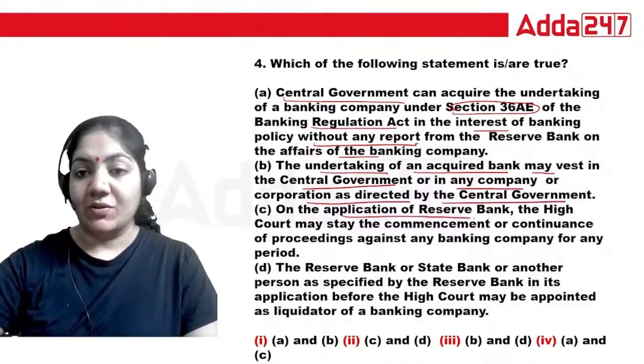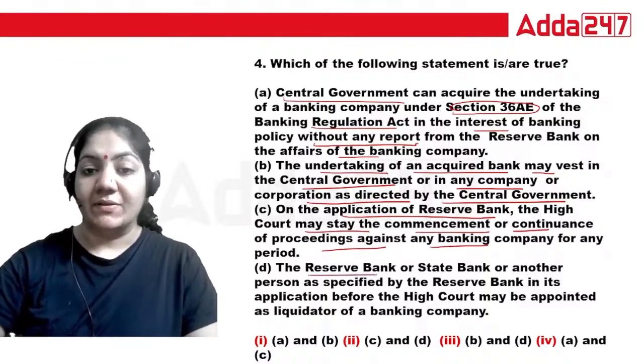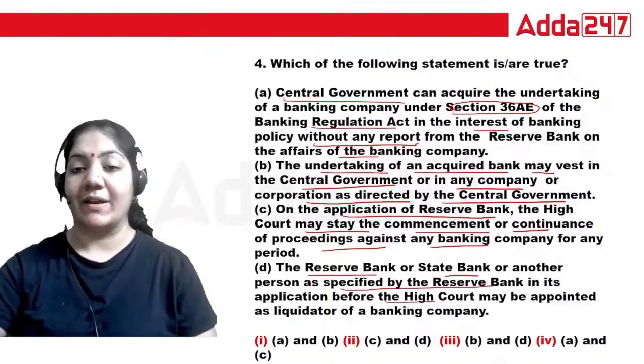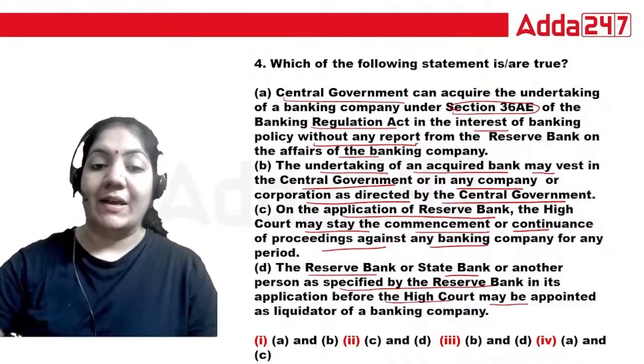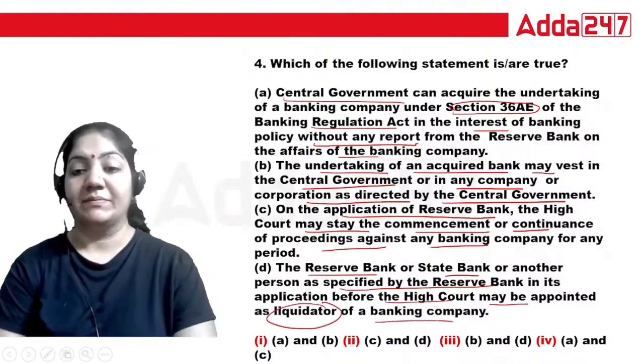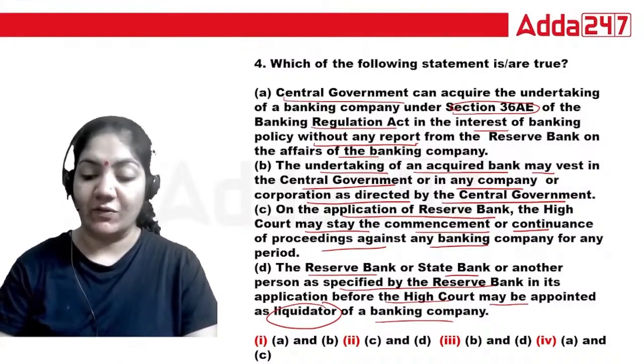On application of the Reserve Bank, the High Court may stay the commencement or continuance of proceedings against any banking company. And the Reserve Bank, State Bank, and other persons as specified by the Reserve Bank in its application before the High Court may be appointed as liquidator of the banking companies. Tell me, class, which of the following is the right answer for the fourth one?